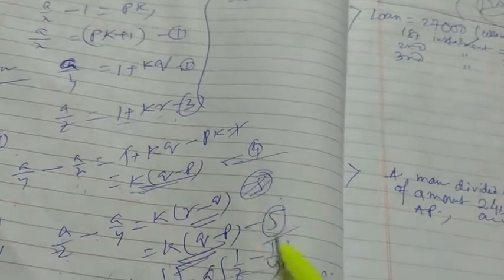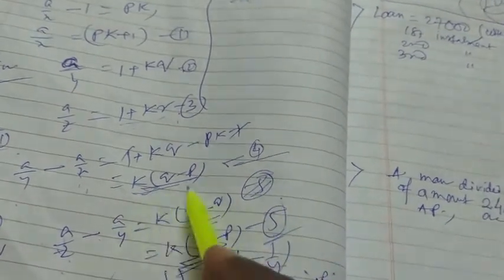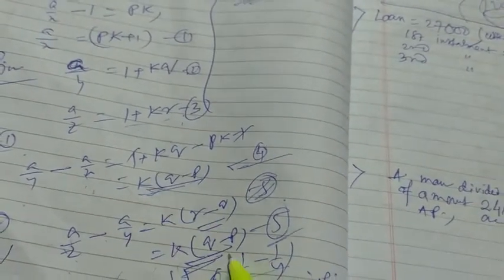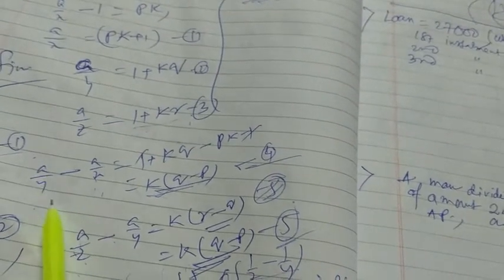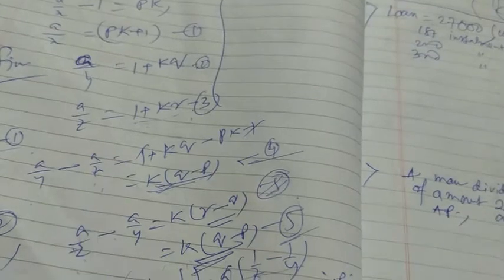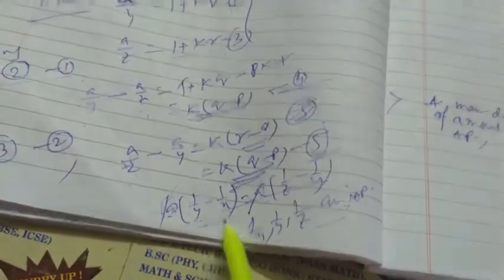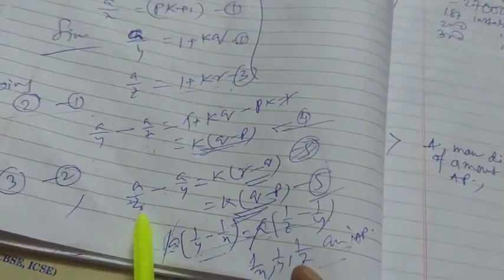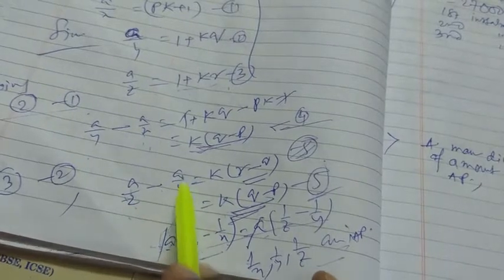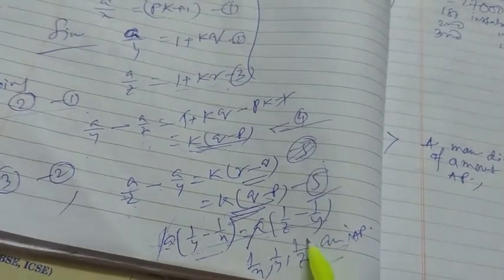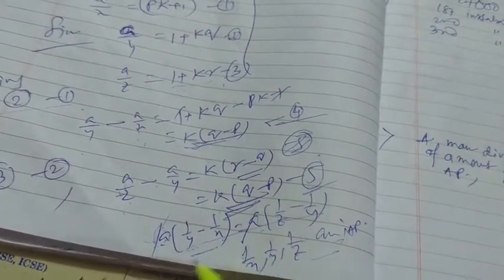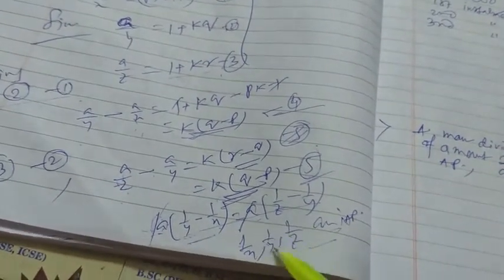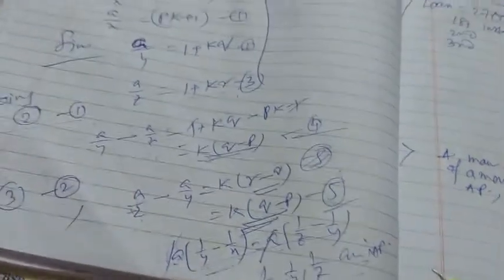From 4 and 5 we see that the right hand sides are same, so from 4 and 5 we got a times (1 by y minus 1 by x) is equal to a times (1 by z minus 1 by y), cancel the value a on both sides, which is a real number. So from this relation we can write 1 by x, 1 by y, 1 by z are in AP.